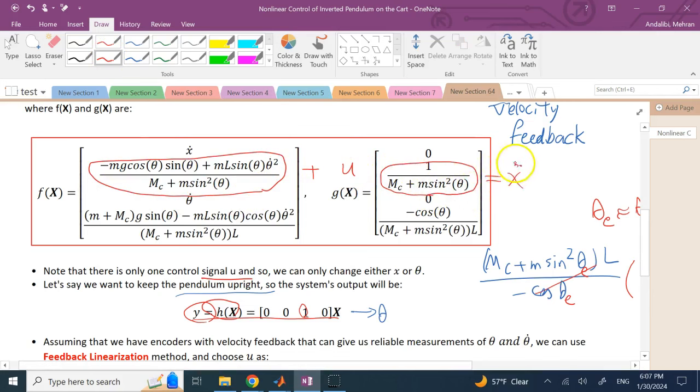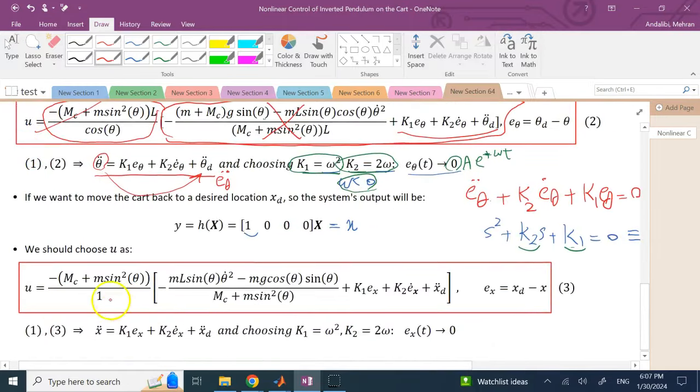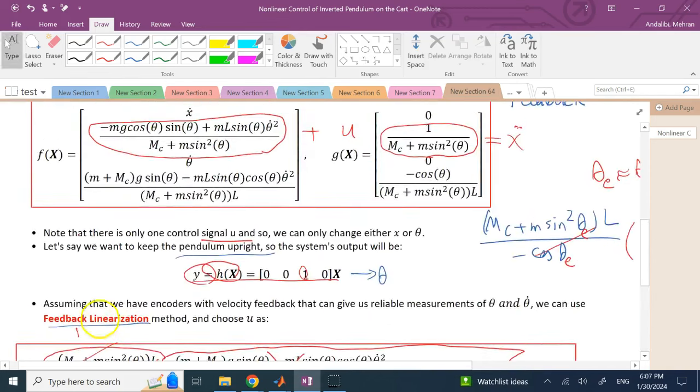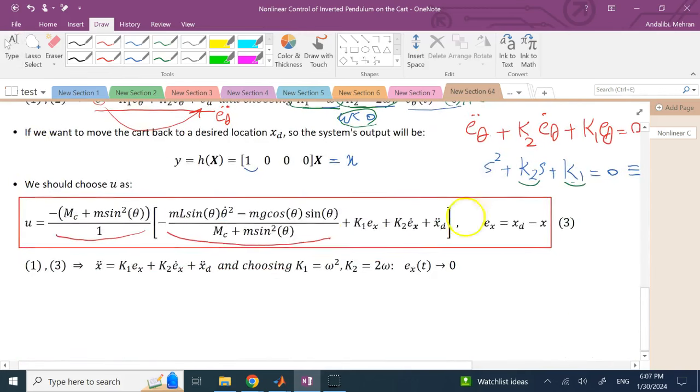So you make sure that you take the reciprocal of this, and then inside the bracket you have the negative of this first term plus those other linear terms. And that's exactly what you have over here. This is that reciprocal of the term in G. This is the negative of that term that you had in F. And then you have these extra terms here.